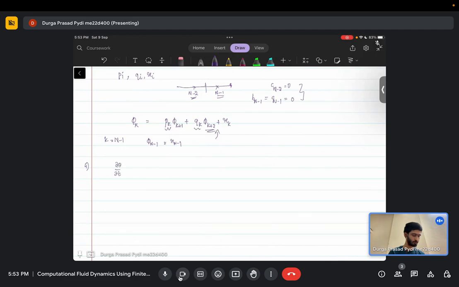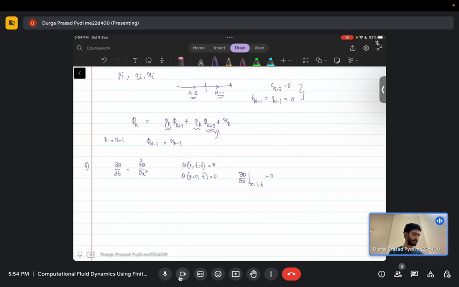So the equation is straightforward: del theta del t equals del square theta del x square. Initially, at t equal to 0, the profile is linear, and as time progresses, at x equal to 0 you have a Dirichlet condition always, and del theta del x at x equal to 1 is 0 for all t.